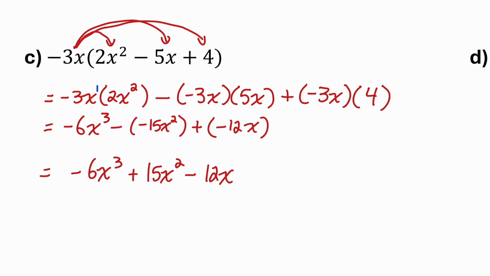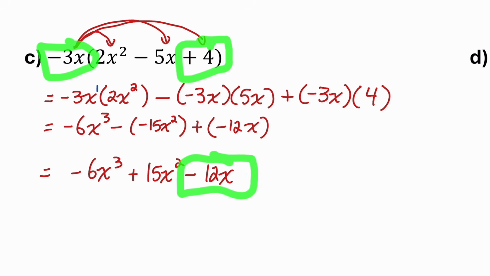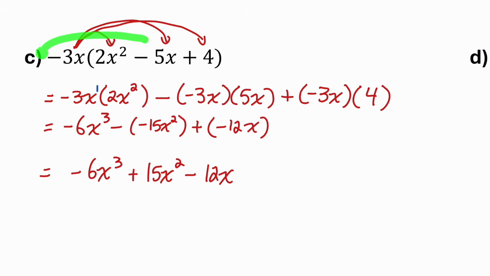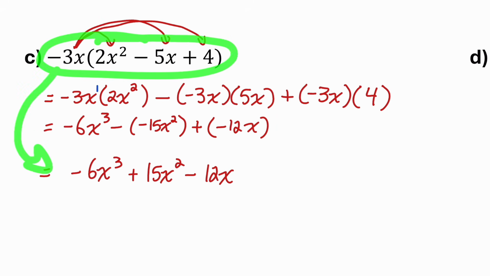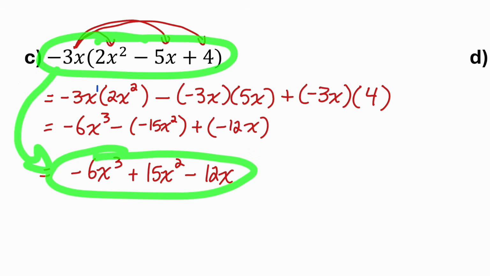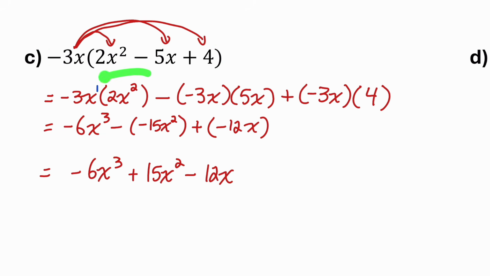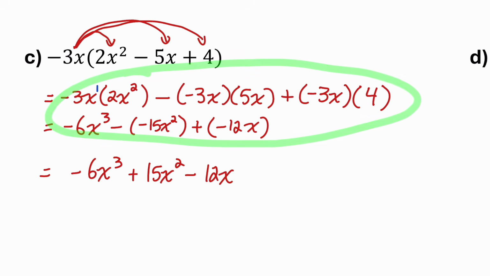Instead of thinking of this as a subtraction operator between these two terms, we could think of this as a negative 5x term that's being multiplied by negative 3x. A negative times a negative gives me this positive 15x squared. And then the negative 3x being multiplied by the positive 4 gives me negative 12x. So that can help you see the relationship between the original expression and our final answer. And that may help you save yourself some time from having to write out all of those products.